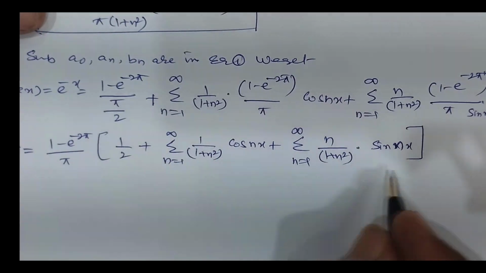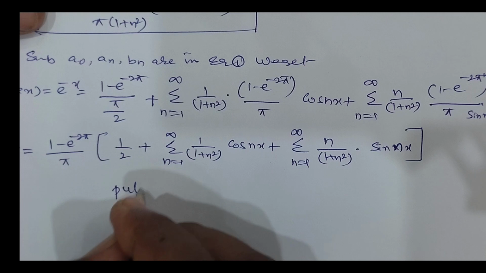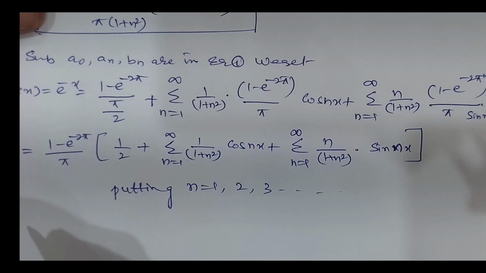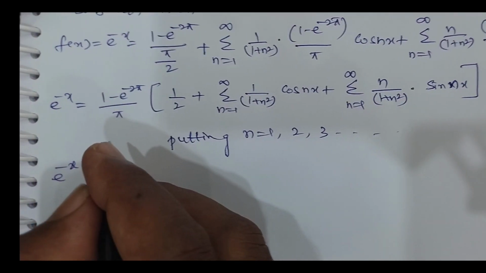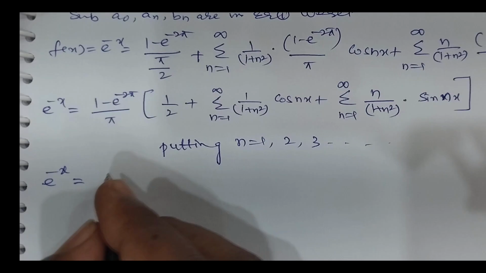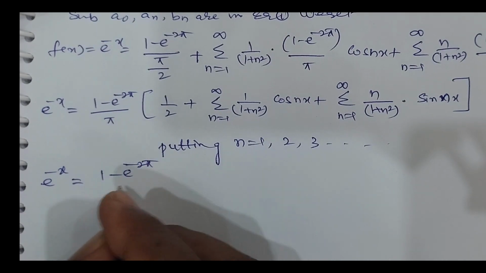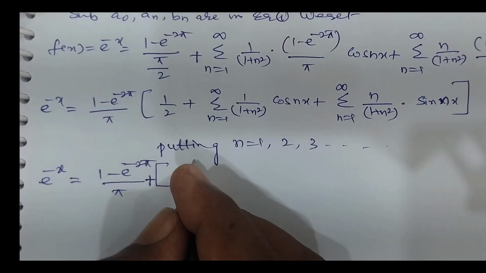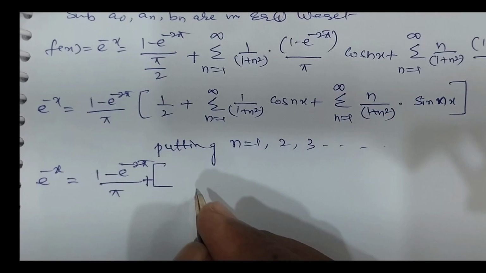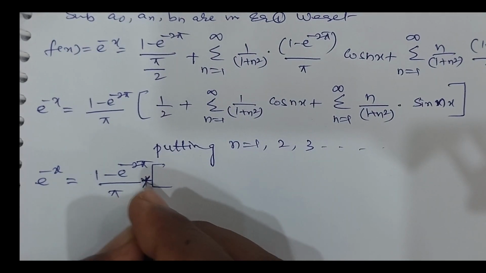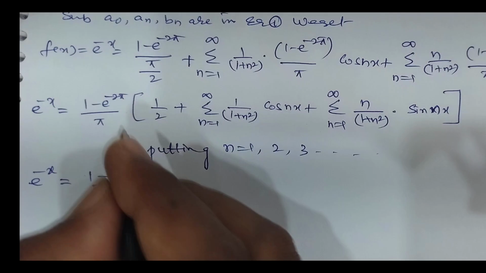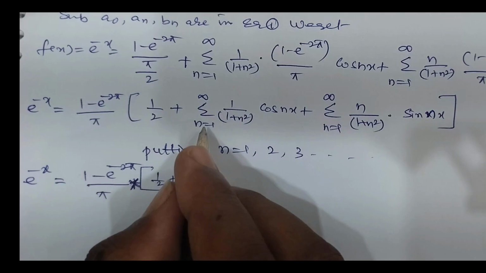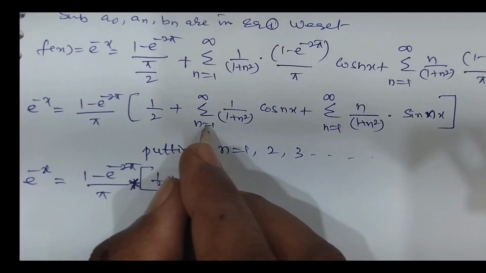So here substitute n values. Putting n is equal to 1, 2, 3 and so on. So e power minus x is equal to 1 minus e power minus 2 pi by pi into, taking common, 1 by 2 plus the expansion in n values.